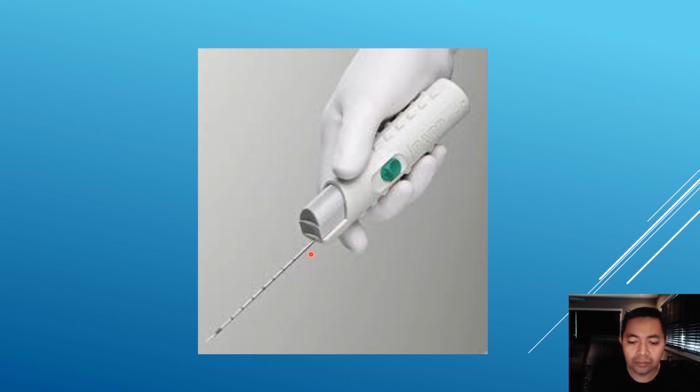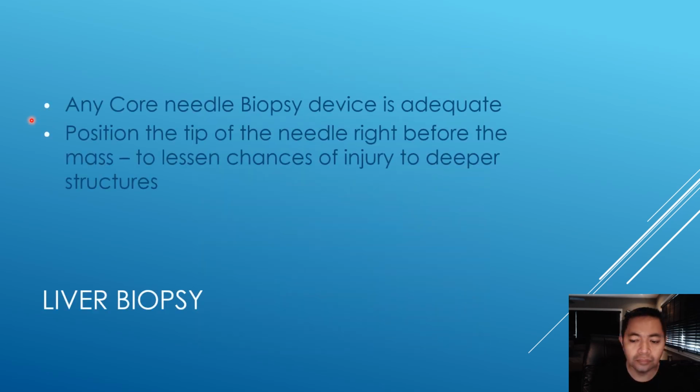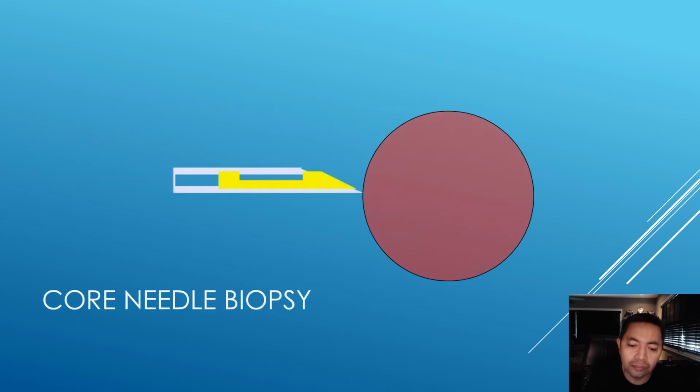A longer one is the one that we usually use. We position the tip of the needle right before the mass and not inside the mass to lessen chances of injury to deeper structures before firing, as exemplified by this diagram.